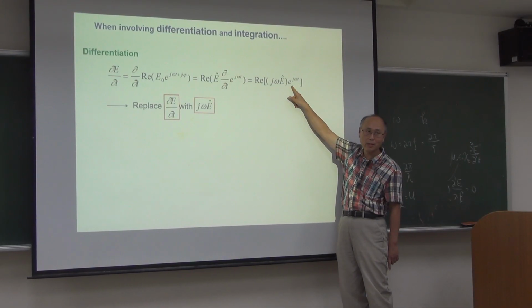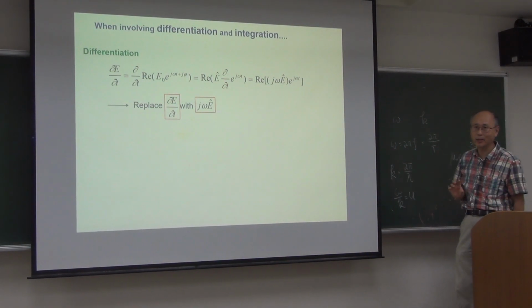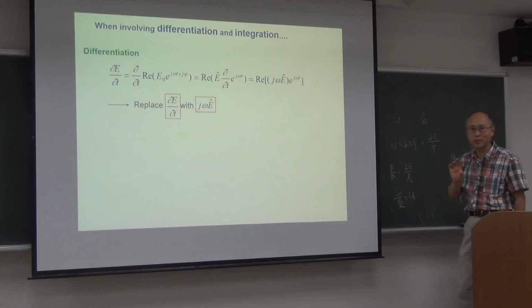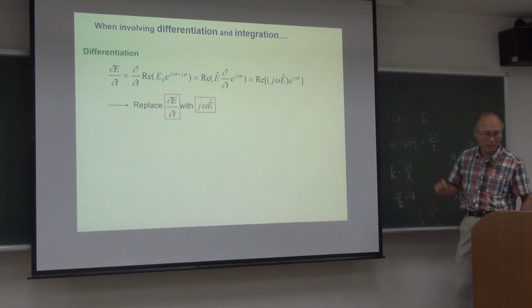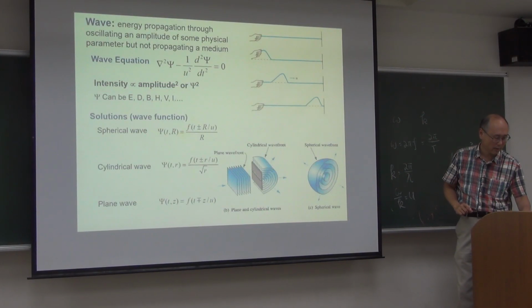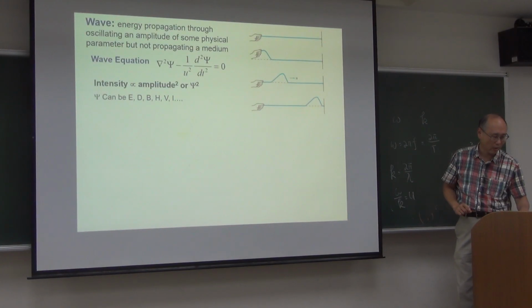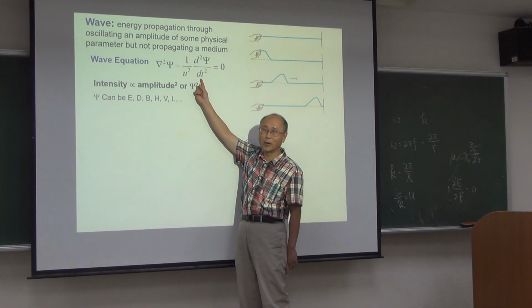So this is why we adopt phasor calculations, because the temporal part can be left out of the calculation. Remember that when we talk about this equation, the wave equation, this is tedious. Why?